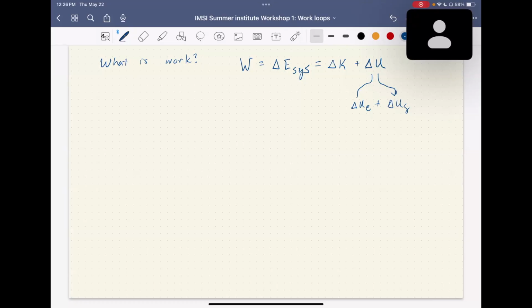Or you could accelerate the system, changing its velocity and increasing the kinetic energy in the system. So those are three different ways that you could have the effect of doing work. And if you think about what a muscle does to a system, it can do all three of those things, right? So that's how a muscle is doing work. So what we're really interested in is that work measures the change in the mechanical energy of the system on which the muscle is acting.